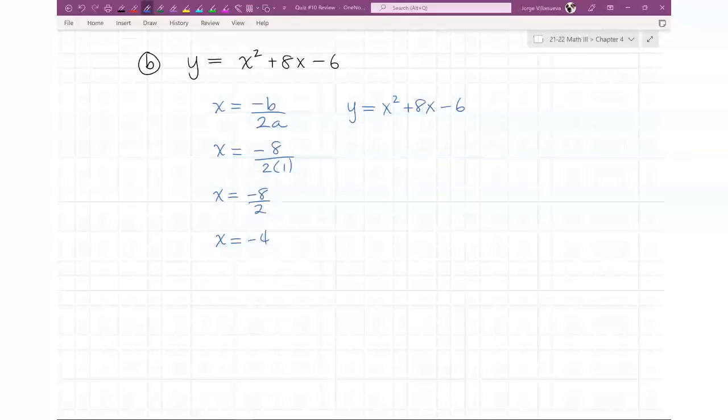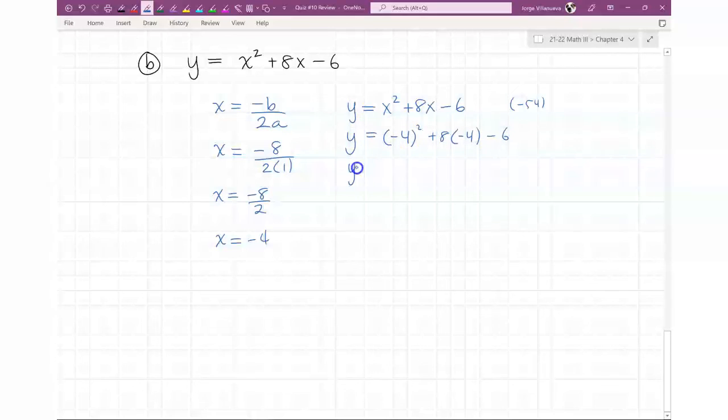-54? All right. I have no idea, so I'm just going to write it here so I don't forget. So we're plugging in a -4. So y equals -4 squared plus 8 times -4 minus 6.